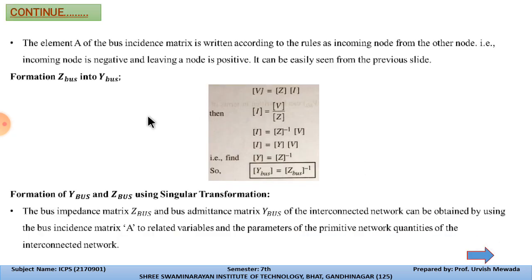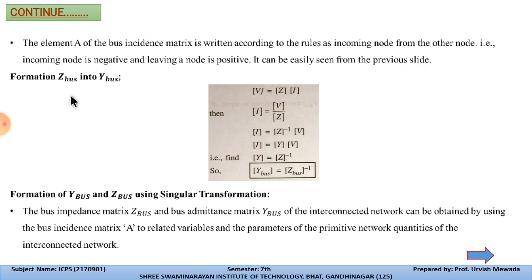Now from this, the element of A, as we already derived, the bus incidence matrix is written according to the rules: the incoming node is negative and the leaving node is positive, so it can be easily seen from the previous slide.